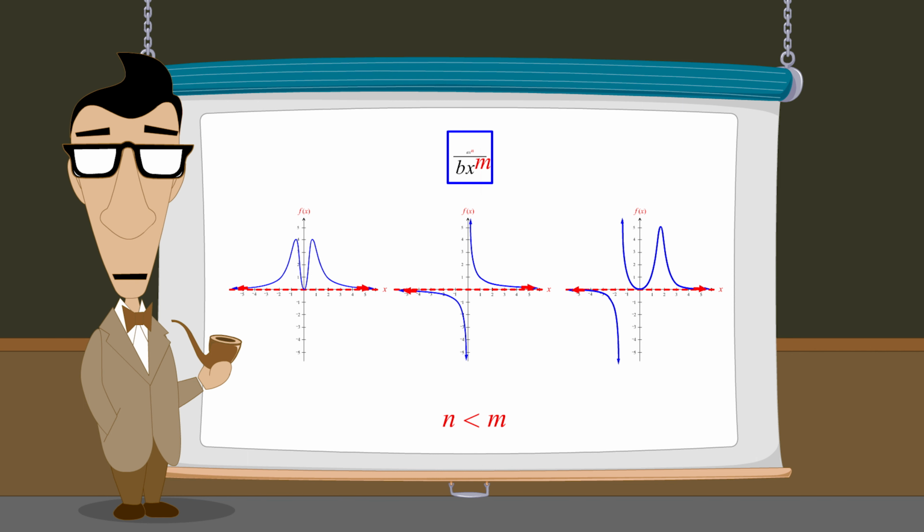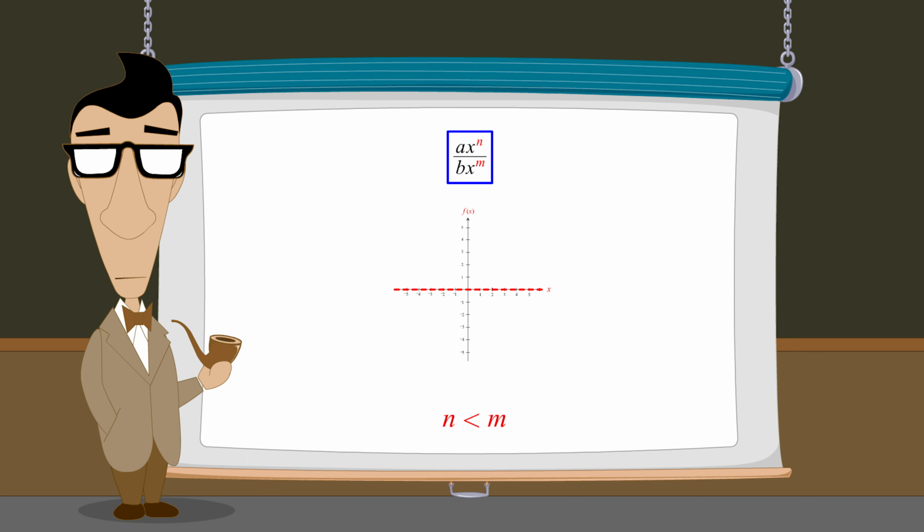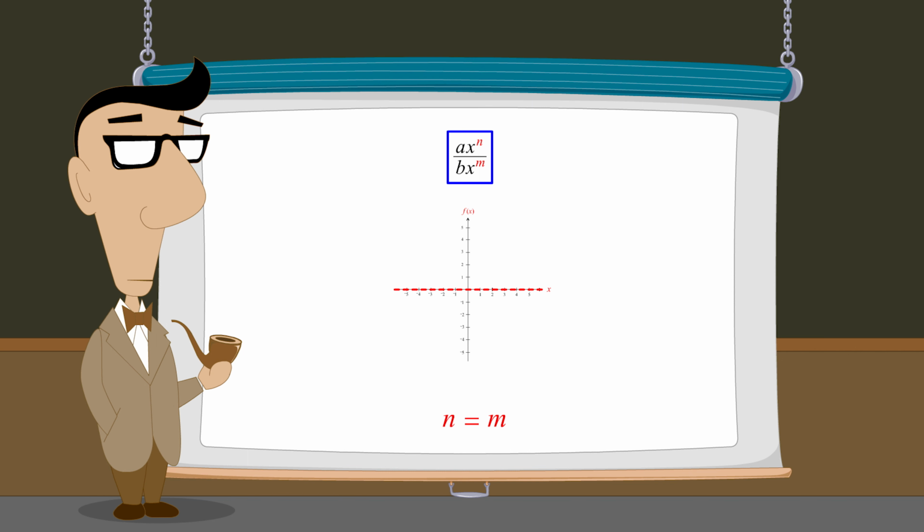However, as we mentioned earlier, if the exponents of the numerator and denominator's leading terms are the same, the rational function will have a horizontal asymptote that is not located on the x-axis.